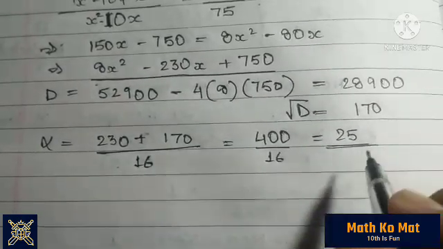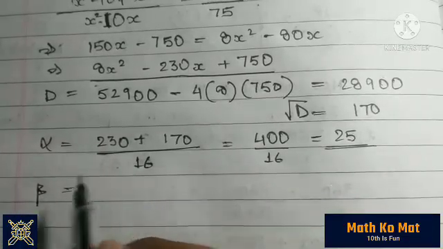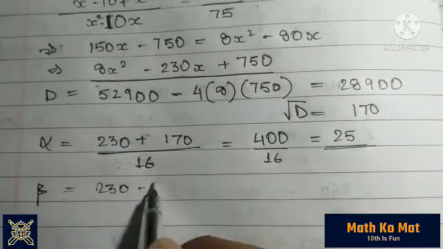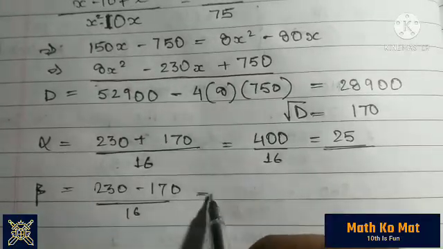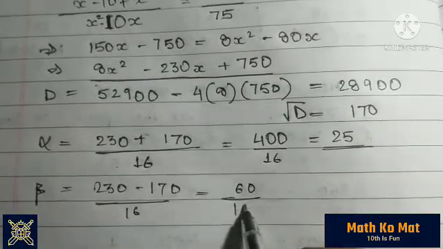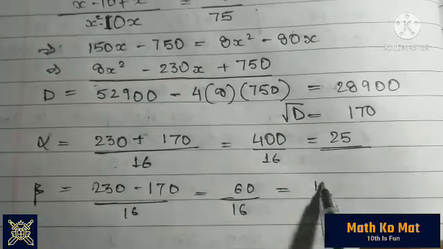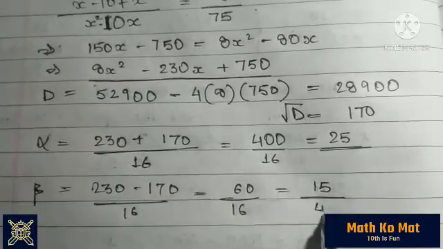So alpha is equal to 25. Similarly, beta would be 230 minus 170 upon 16, that is 60 divided by 16, which is 15 upon 4 hours.